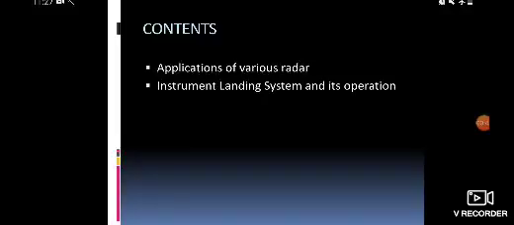So in those situations, the signals that we transmit from the radar are also reflected from those conditions. From those conditions we get some echo signals reflected back. Those signals cause some disturbances or errors in our radar systems.